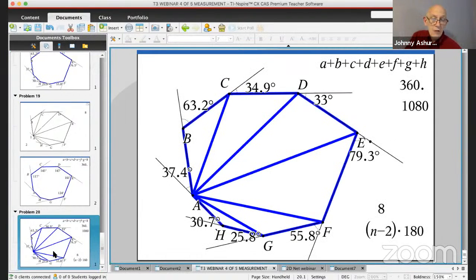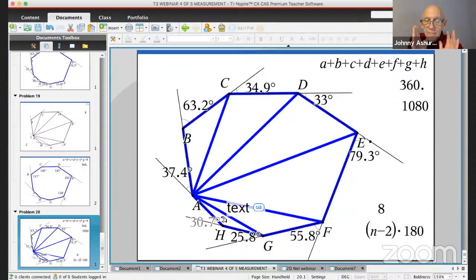And I want to generalize by doing this. Now I've got an octagon. And the measure of the interior degrees, I didn't even measure. I simply marked triangles, and I have 1, 2, 3, 4, 5, 6 triangles inside of this octagon.